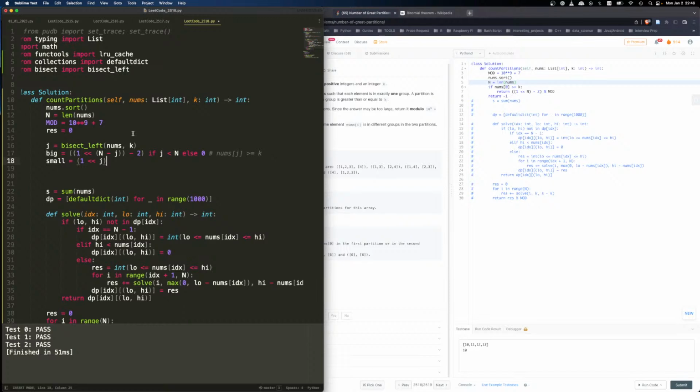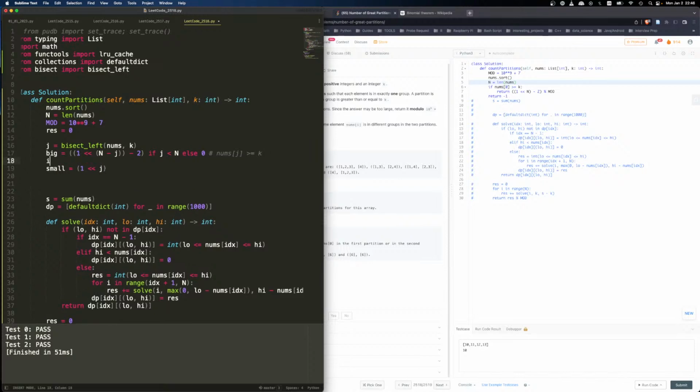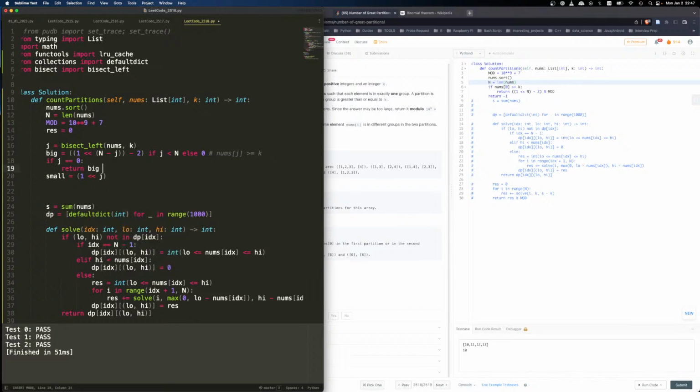Right? If j is equal to 0, return big mod. Okay, otherwise then we have a small.